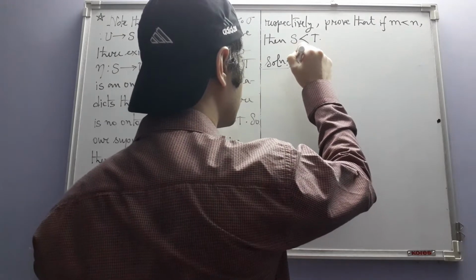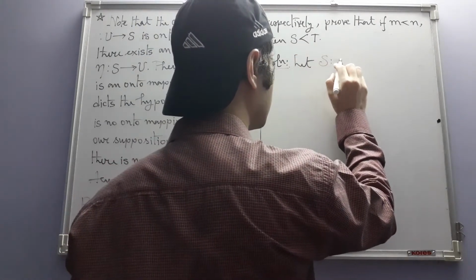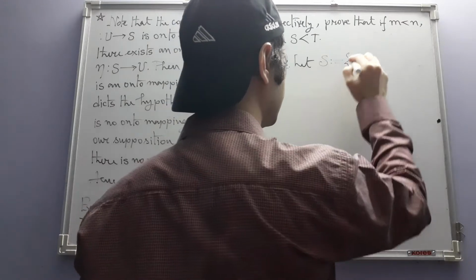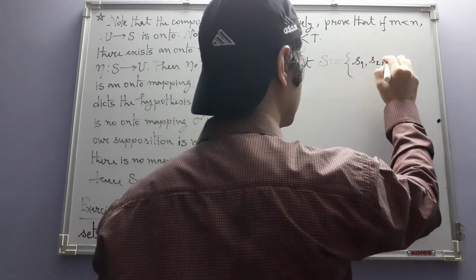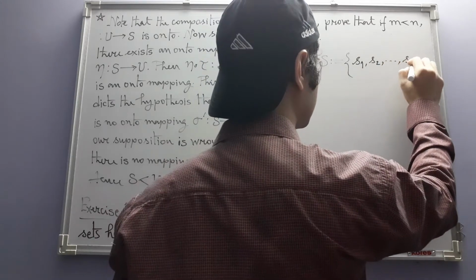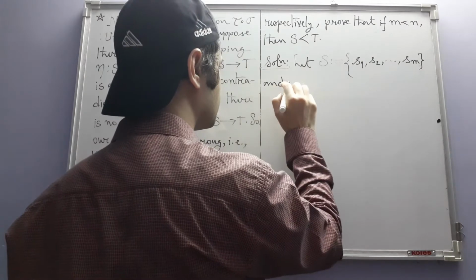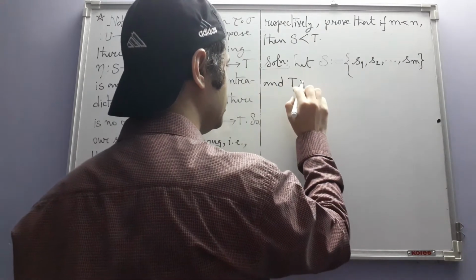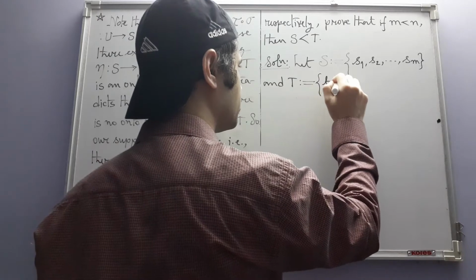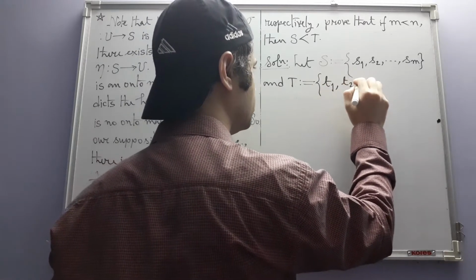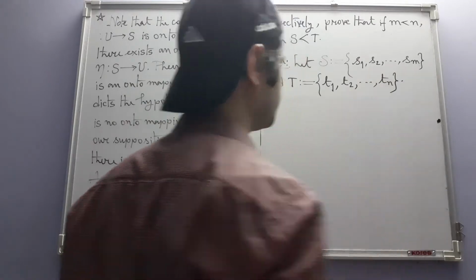Let S be the set S1, S2 up to Sm, and T be the set T1, T2, etc. to Tn.